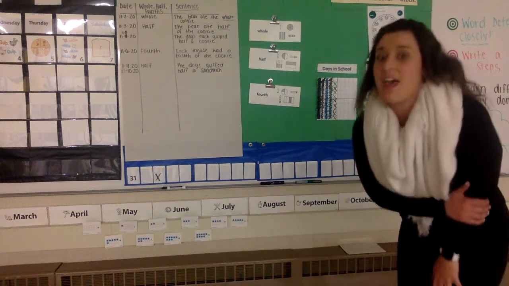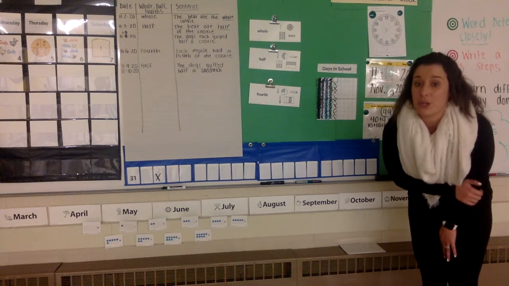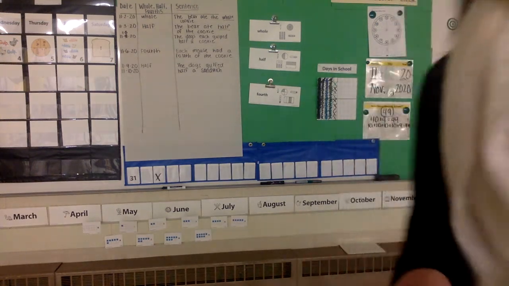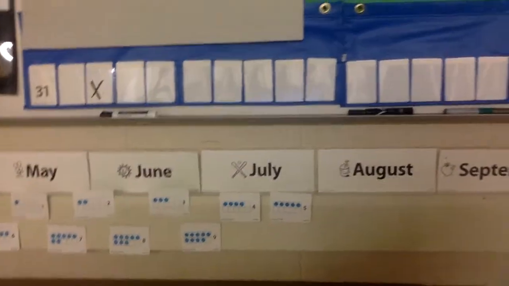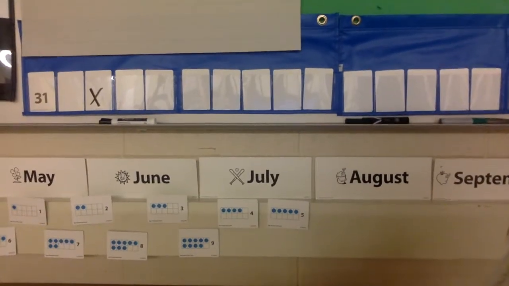Okay, so then Mr. Owen told me he wanted to choose 38. So I want you to think about, where would 38 be? So I'm going to bring this closer. Point on the screen. Where is number 38?